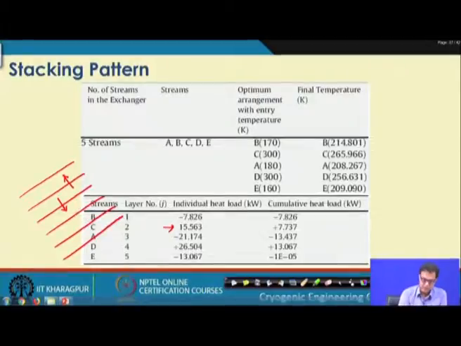The next one is on this side a negative part, and on this side again a positive quantity. So, it is downside, and this is equal to 13 minus on this side. So, we have this different kind of heat, the cumulative individual heat load corresponding to each plate.